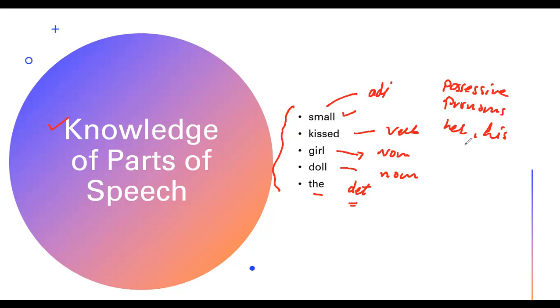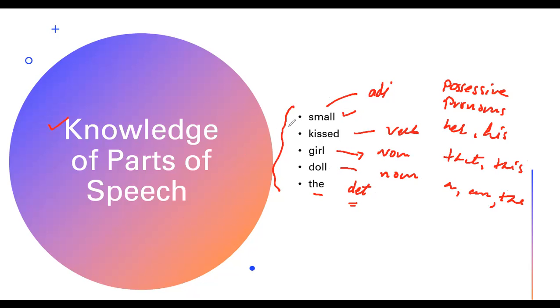It also includes demonstrative pronouns like that, this, and it includes articles like the. Now, using our knowledge of parts of speech or word class, we have identified these words as either adjective or verb or noun or determiner, whatever.